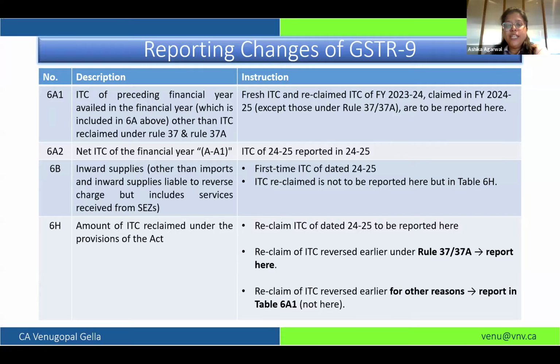So our 4A consists of two kinds of ITC. One is first-time availment, one is reclaimed ITC. Now they are saying the first-time availment you have to report in 6B, and the ITC which you are reclaiming on satisfying the condition, by way of 4D1 reporting, needs to be reported separately in table 6H.